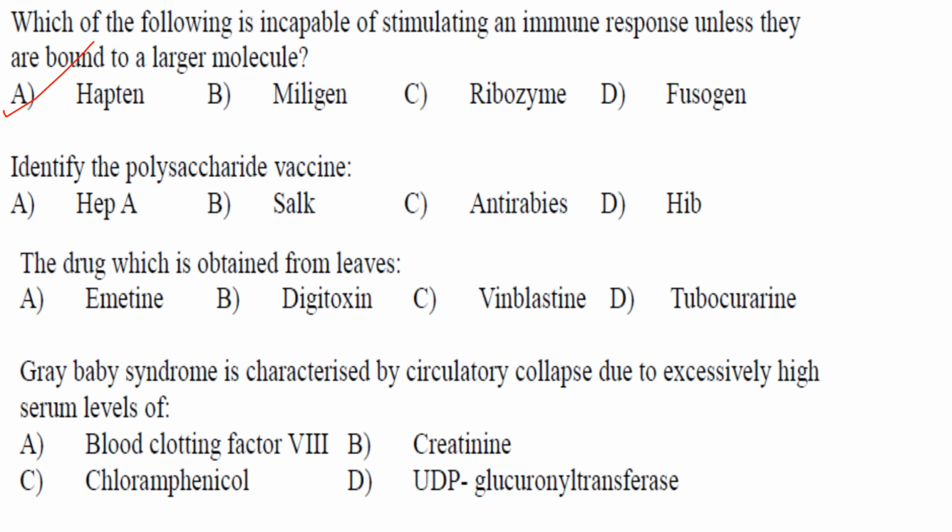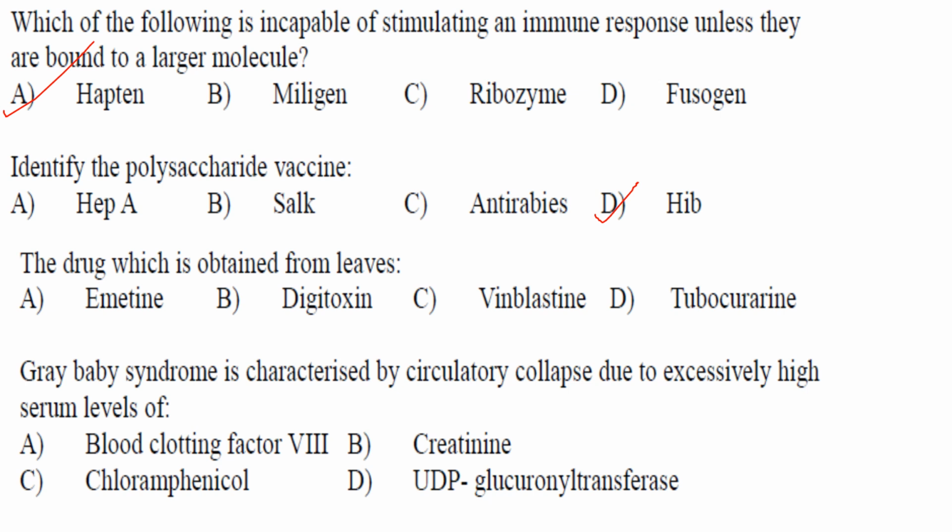So here it is HIB, Haemophilus influenzae type B, and it is an inactivated bacterial vaccine that protects against HIB infection. Hepatitis A is a single antigen vaccine, protects against hepatitis A. Salk is an inactivated whole virus vaccine. Anti-rabies is also an inactivated whole virus vaccine.